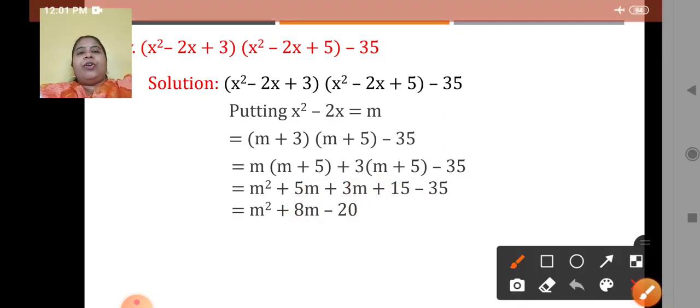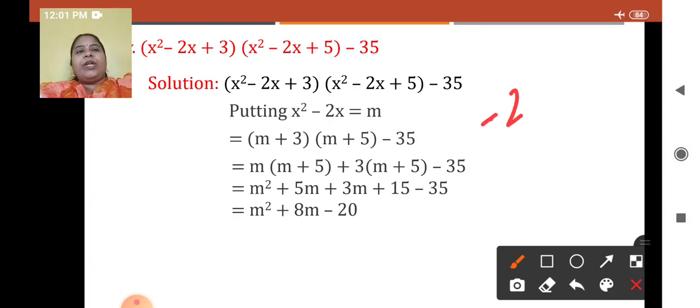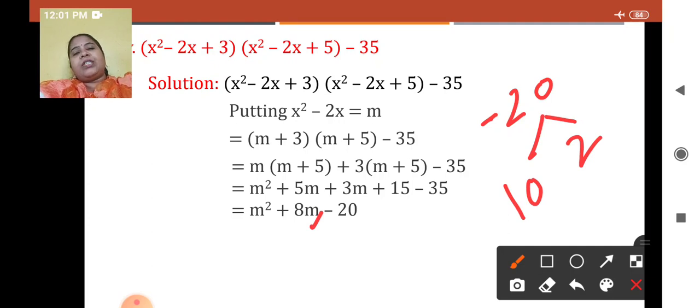Now quadratic trinomial, minus 20, how to factorize it so that we get this plus 8? Okay. So I hope you know that it is 10 into 2, 20. Middle term is having positive sign. So out of these 2, the greater number will be plus 10. Greater number will have the middle term sign. So plus 10 and this will be minus 2.